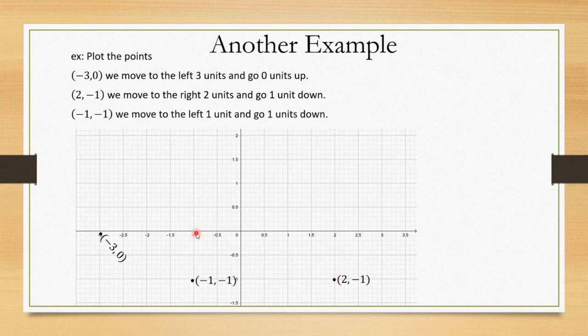You locate -1, excuse me, on the x-axis. Then you go down 1 unit, like so. Okay. So we get here. So this is just another example of plotting points. Okay.